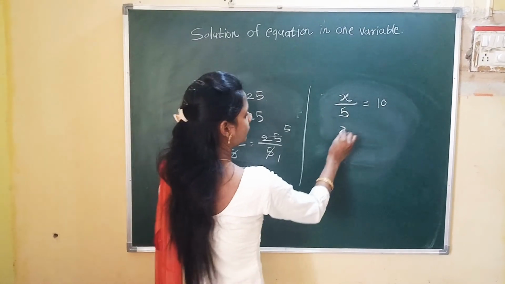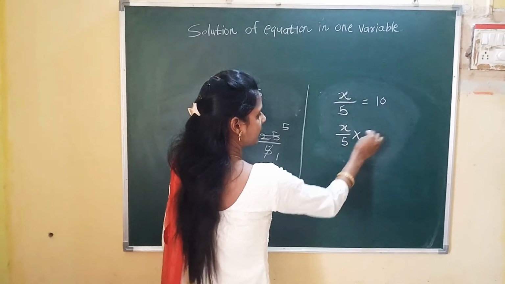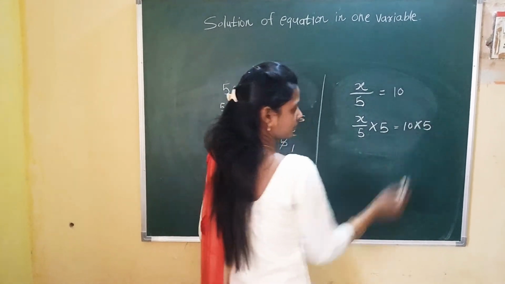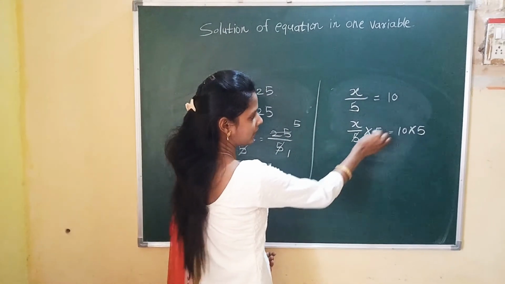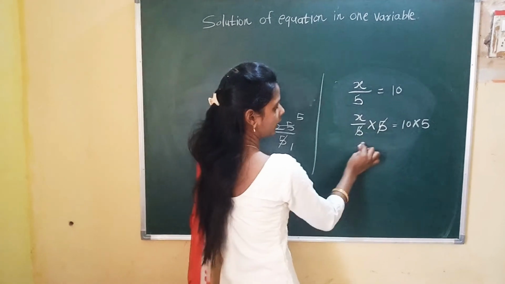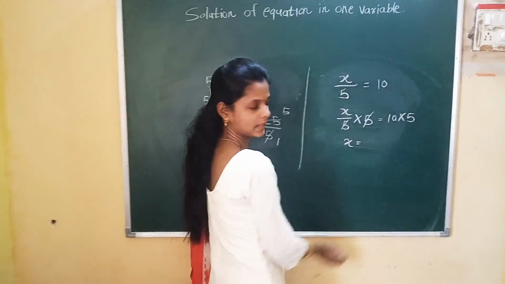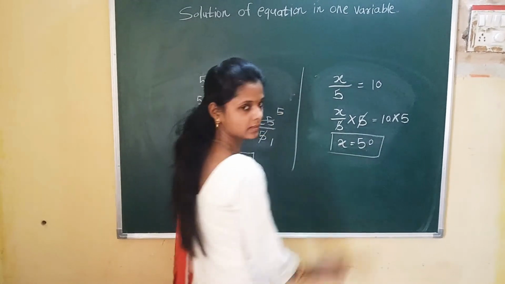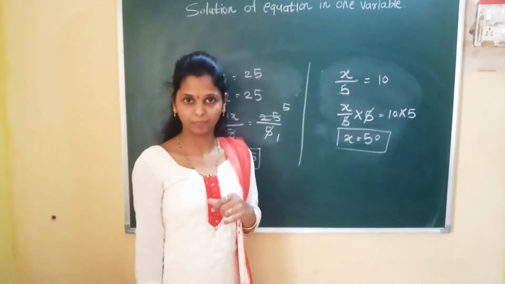So x upon 5 multiplied by 5 is equal to 10 multiplied by 5, right? Now this 5 will get cancelled with this 5. So here only x remains, and on this side 10 multiplied by 5 is equal to 50. So I get the answer x is equal to 50.